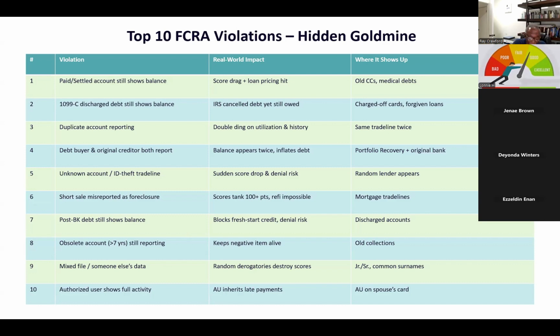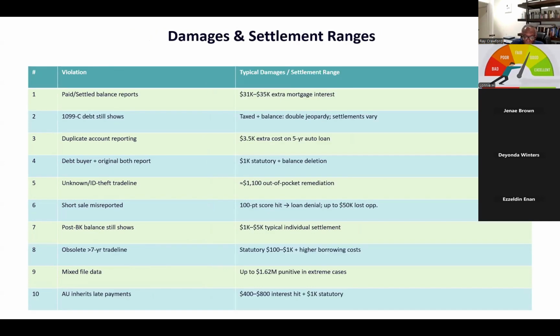So that is definitely when you would use this, because once the original credit card holder starts making late payments, that will start hurting you, and it doesn't matter how long that credit history shows if it's all now bad, because you're not going to be getting a loan. So these are the typical damages to the client, as well as some settlements that they get. These are the paid and settled balance reports.